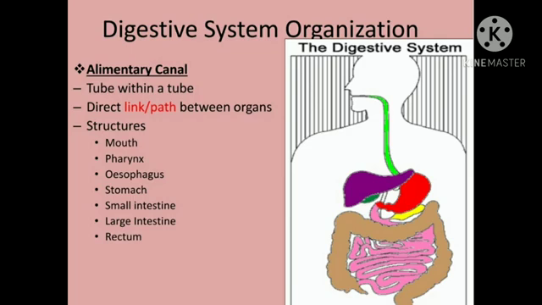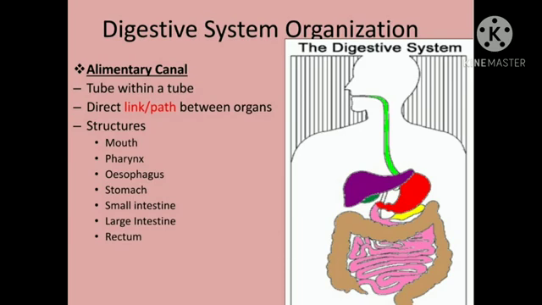Alimentary canal, basically, is a long tubular structure starting from mouth and ending with anus. It is about 8 to 10 meters long and consists of the following organs: mouth, pharynx, esophagus, stomach, small intestine, large intestine, and rectum.